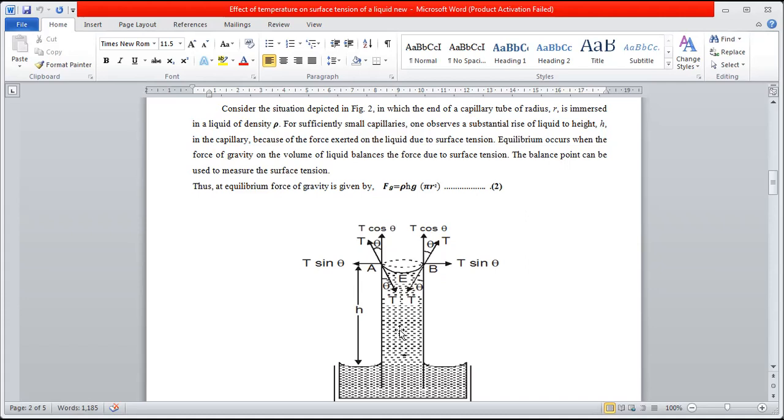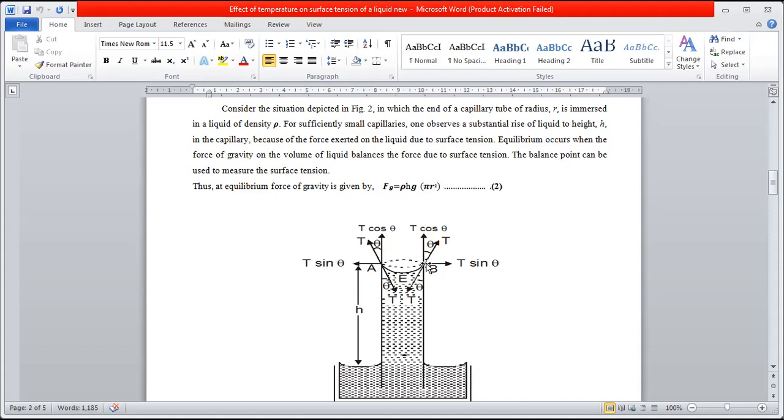Inside this capillary tube, up to this much height, the liquid is raised. The surface tension force always acts tangentially to the surface of the liquid. At the edges, you can see here the direction of the tangent; the surface tension force acts in this direction.